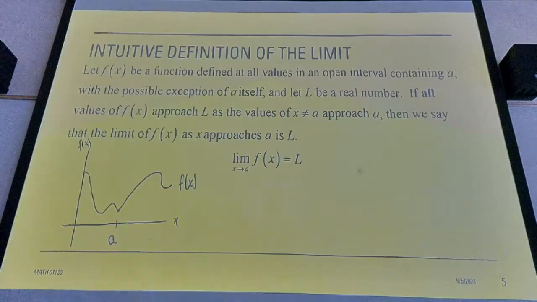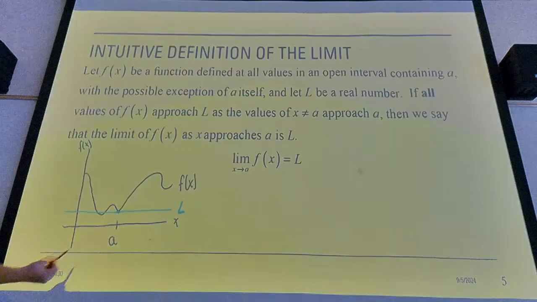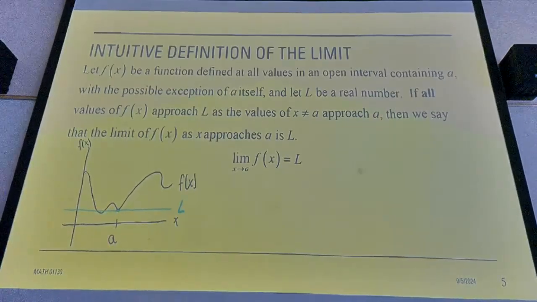There's the point A. That is the line L. How does the function behave around this point? So typically what we do is we draw bands. Pick a different color.